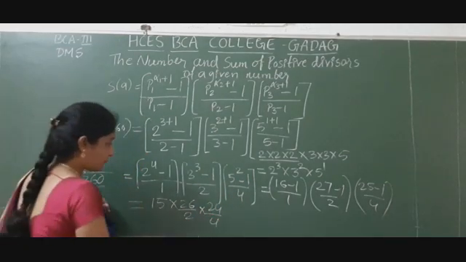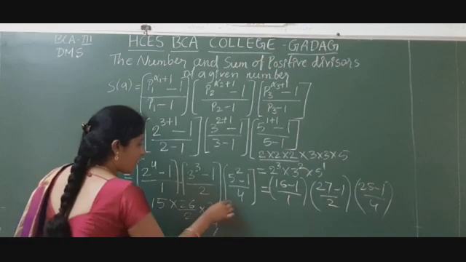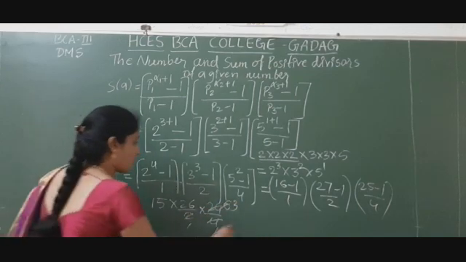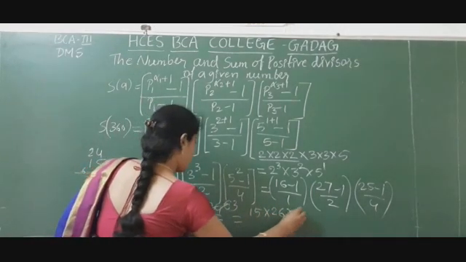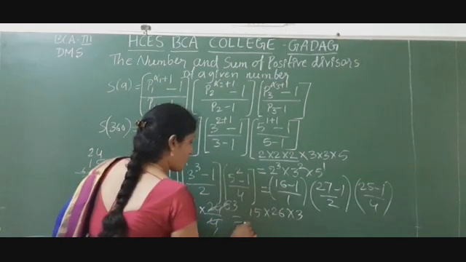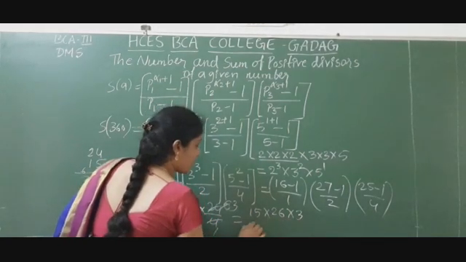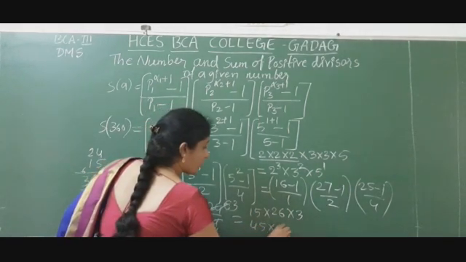Okay. So now 4 ones are 4, 4 sixes are 24, 2 ones are 2, 2 thirteens are 26, so this is 15 into 26 into 3. So 15 3s are 45, into 26.